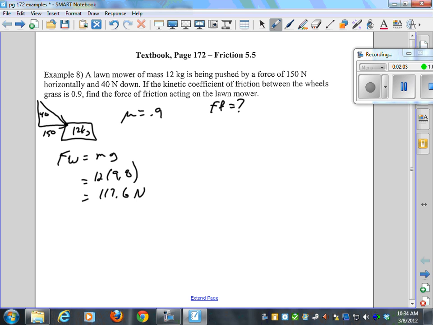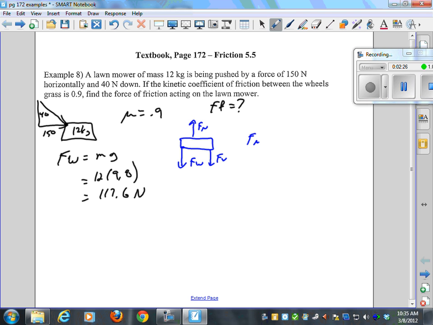And I'm just going to quickly draw another free body diagram here, just a small one. We've got our weight force down. We've also got our vertical force down, and we've got the normal force up. So in other words, the normal force has to be balanced by the weight force and the vertical component.